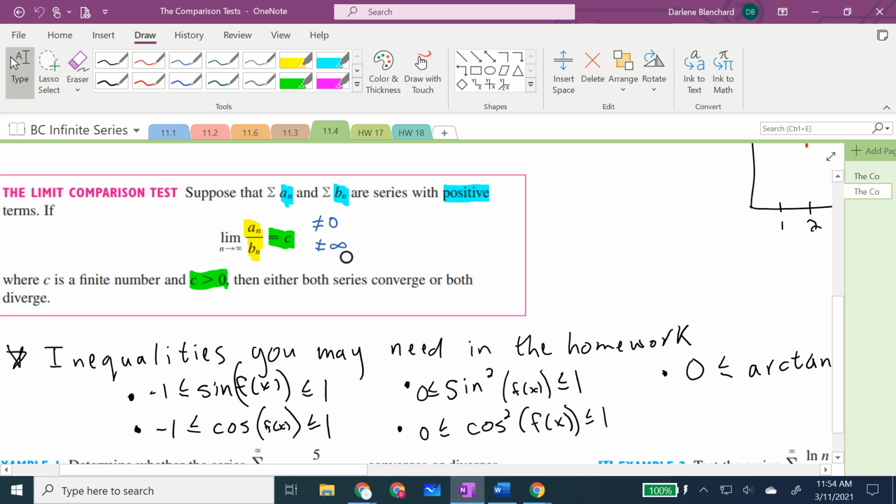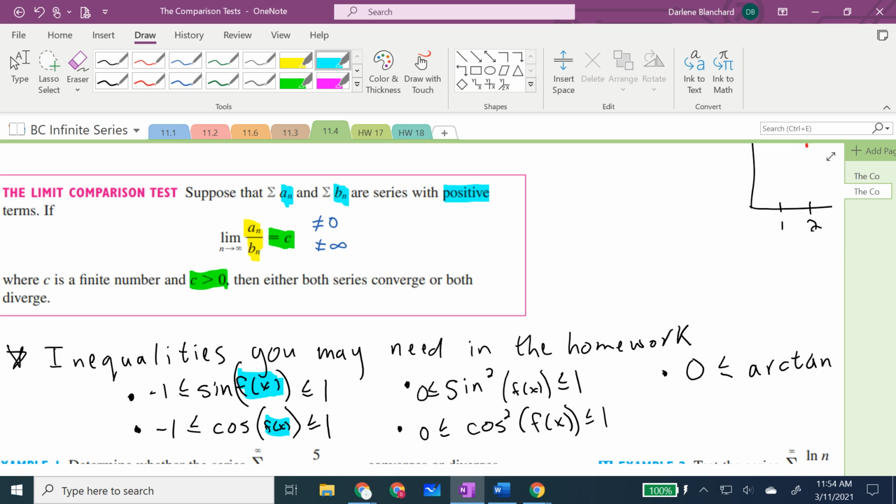Be aware that no matter what function you put into sine or cosine, the answers you get out of sine and cosine are stuck between -1 and 1. Period. I don't care what function you put into them. They are for sure stuck there.